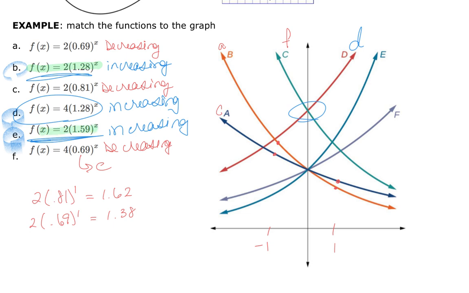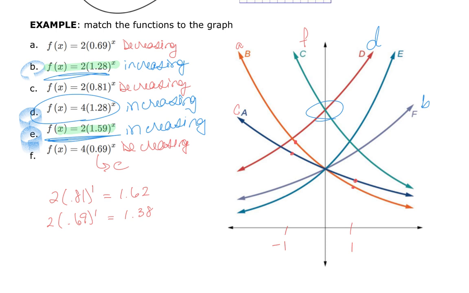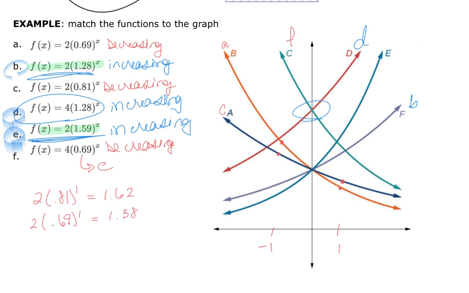And again, you can confirm this with your calculator, but since the 1.28 is flatter, that one has to be B, and then the one that has 1.59 as the base, that one is E, so E is E. And that's just by looking at the coefficients out front and the bases, and you can confirm that by putting a couple of points in there, put in a 1 to see what happens.